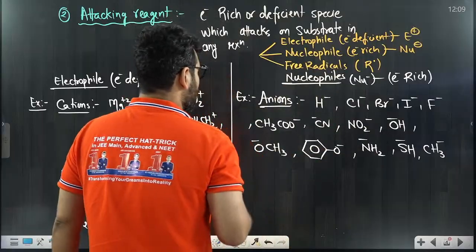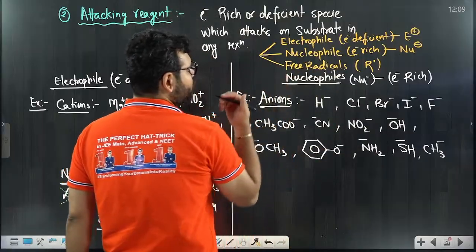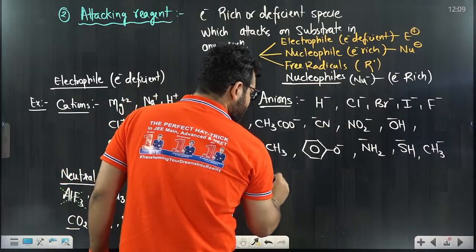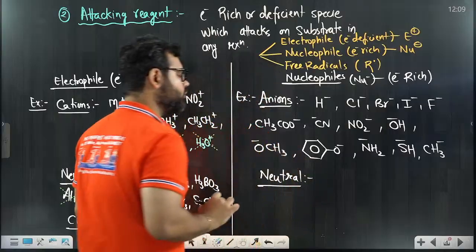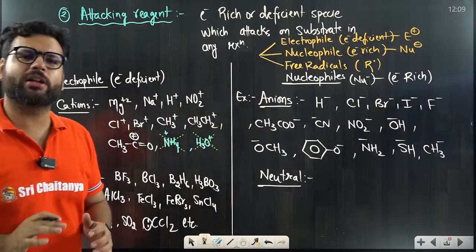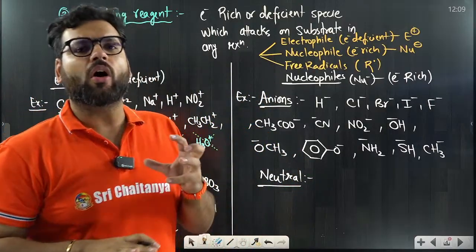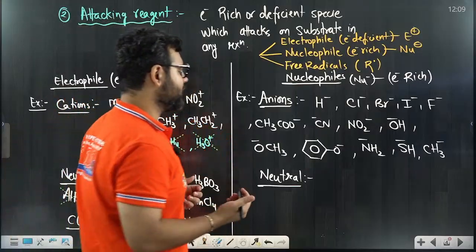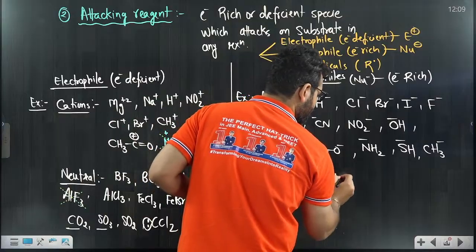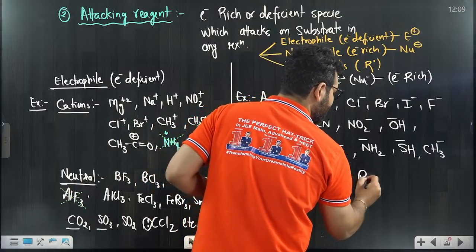Okay. Then other nucleophiles can be neutral nucleophiles. Now, who are neutral nucleophiles? Majorly neutral nucleophiles are oxygen and nitrogen containing neutral compounds. Nitrogen making 3 bonds. Ammonia, best example. Secondary amine, primary amine.